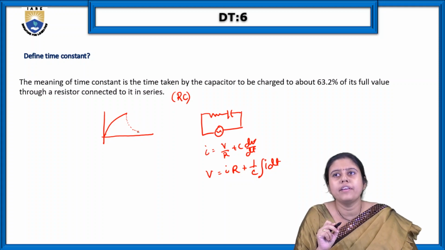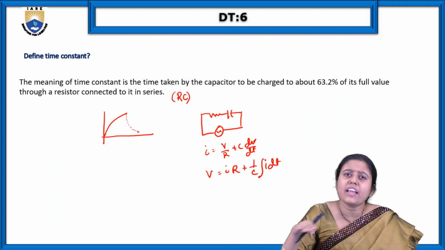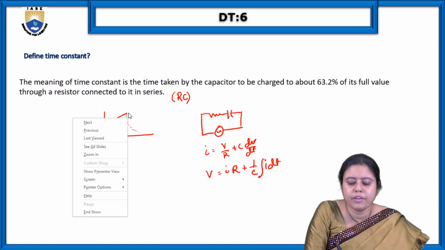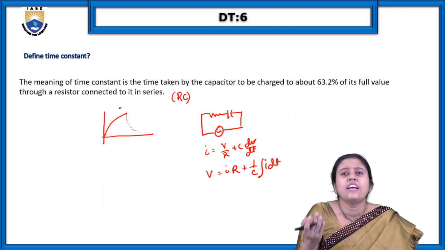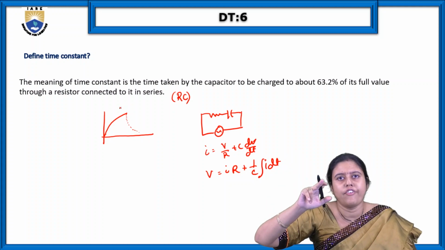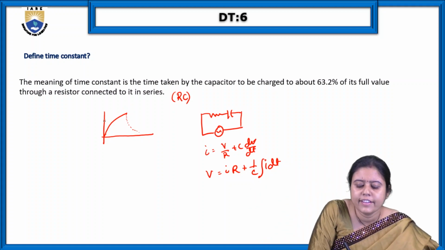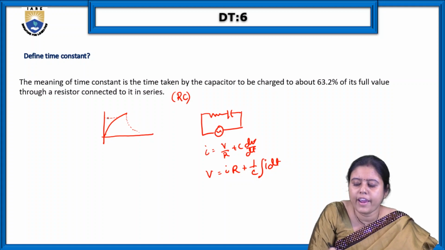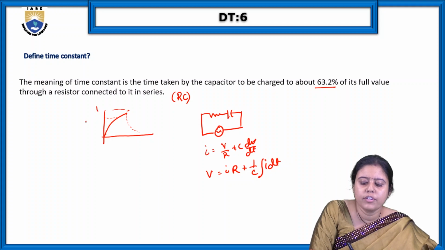And what is the meaning of the time constant? At the final value, it is at the saturation level. It becomes saturated, and as it is an exponential curve, it is not increasing infinitely. So we take the time taken to reach the value: if the final value is 1, it is 0.632 volt.